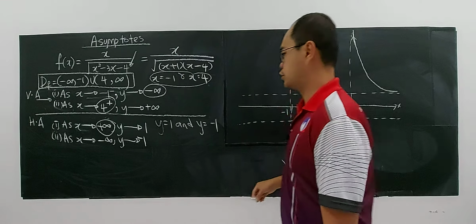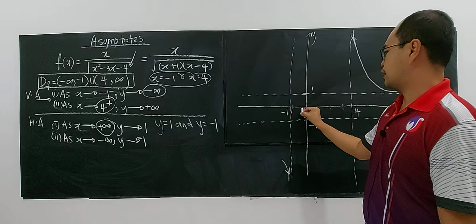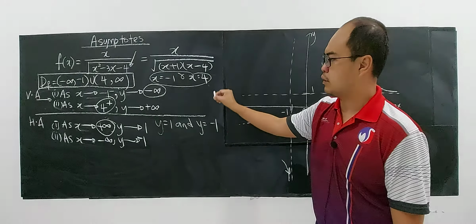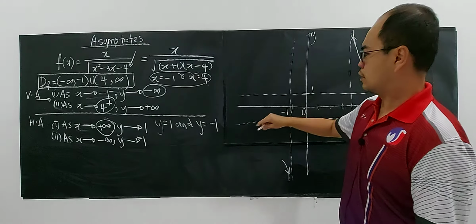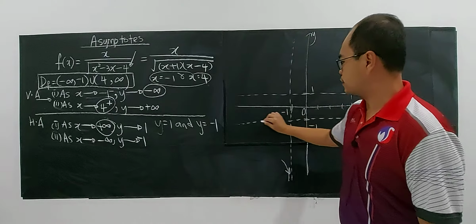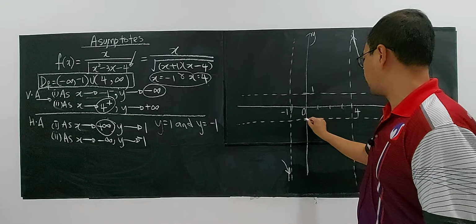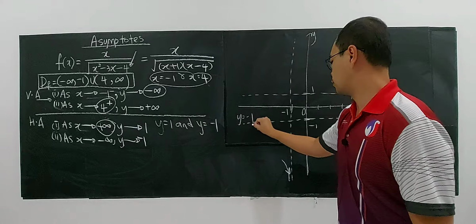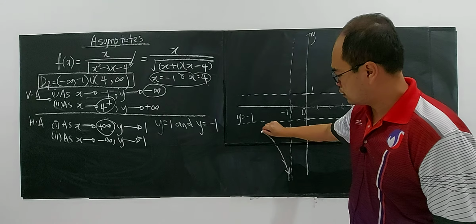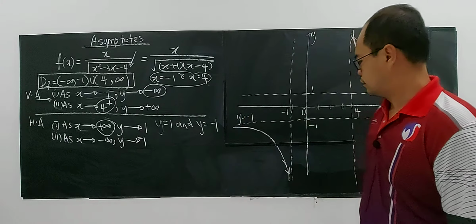Now for this one, as x approaches negative infinity, the graph will approach negative 1, not 1, right? This is y equals negative 1. So it must come from here, approaching negative 1.